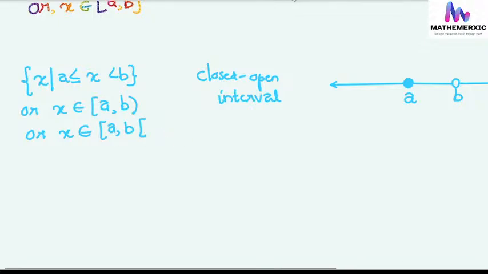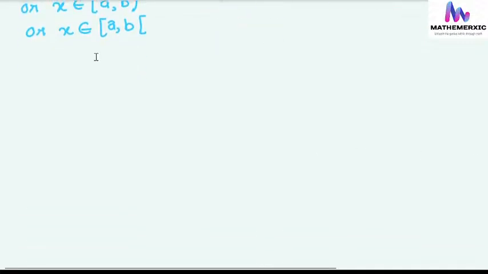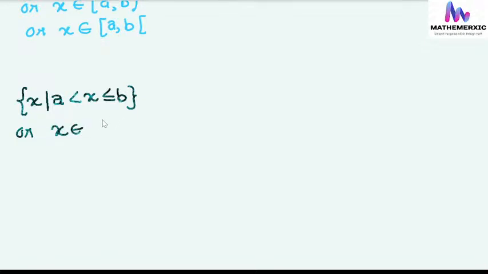Now one more way we can do for everything. Here, open closed we can also write, the last one. So x is such that x is greater than A but less than or equal to B. Okay, or we can say x belongs to A comma B, closed here.